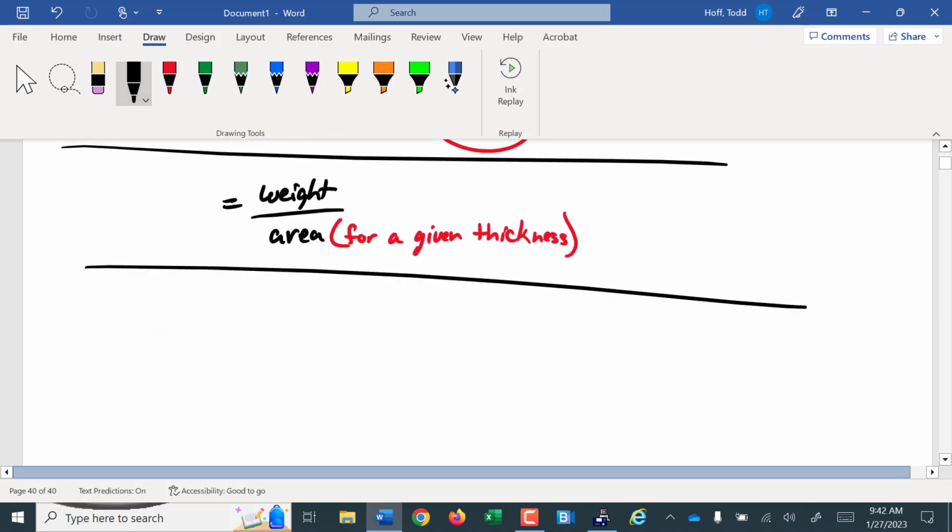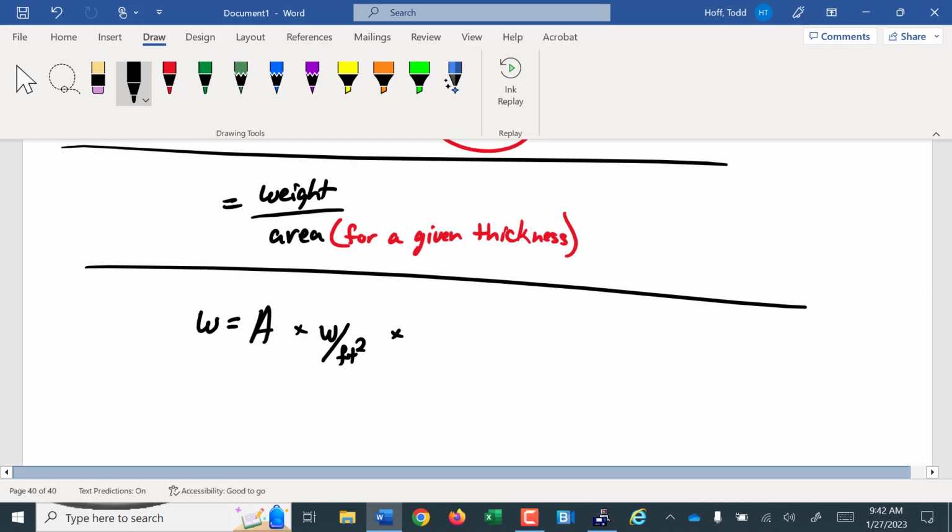So this would be the next table down on that page 147, where we're seeing the weight for a steel plate for a given thickness. This is per square foot of the area of that plate. So here the weight is just simply given as the area times the weight per square foot.